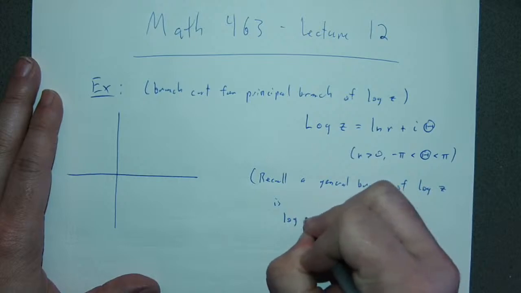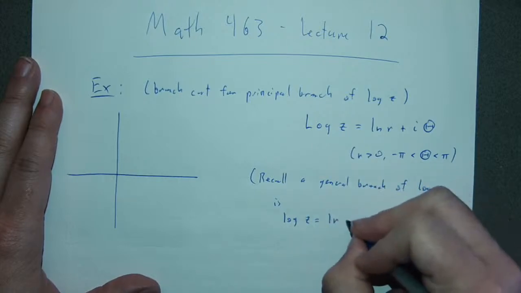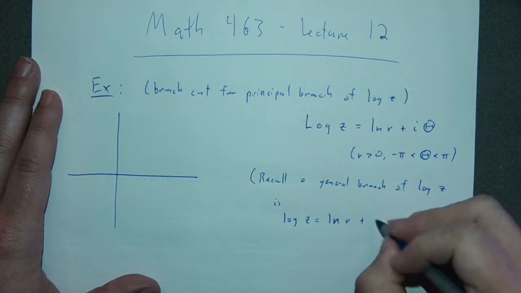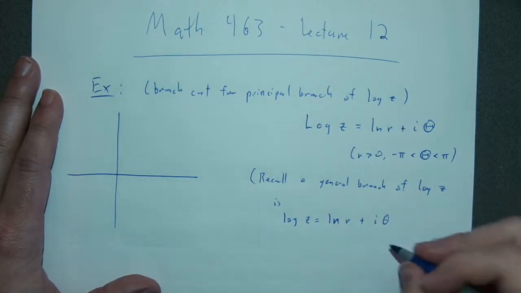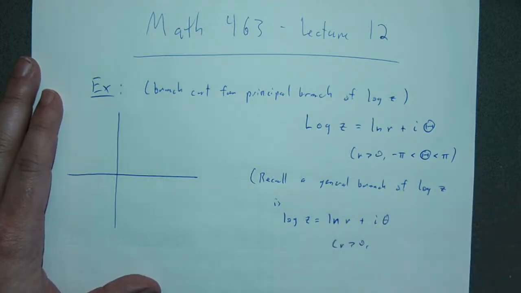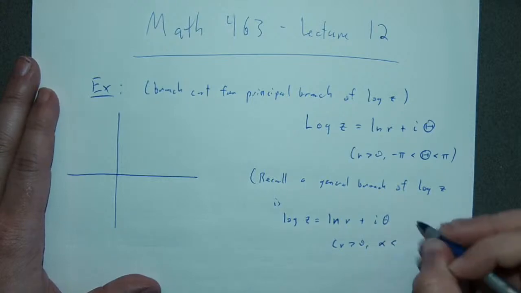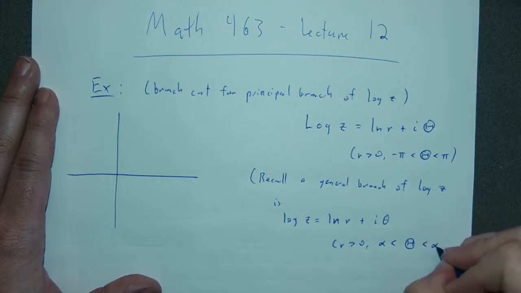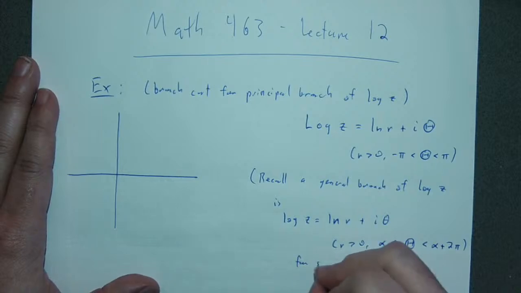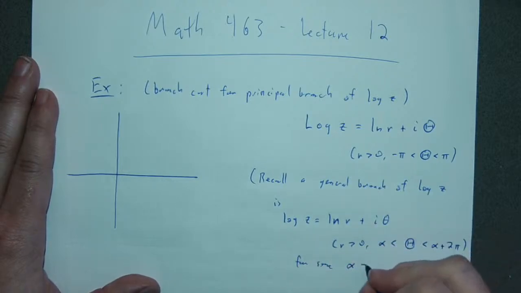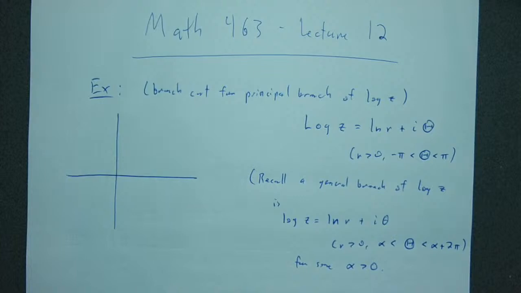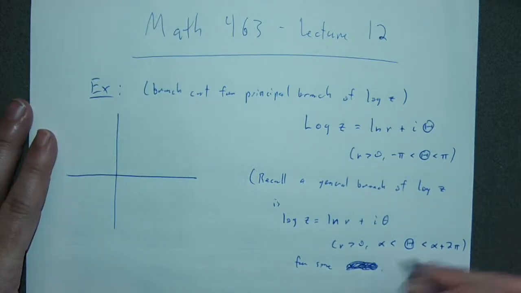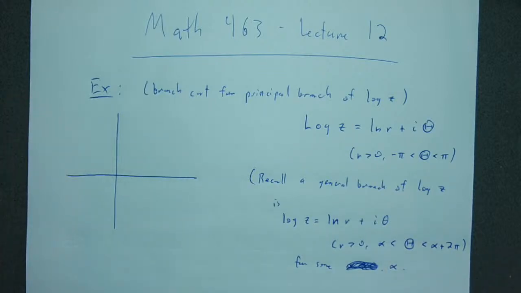Log z is ln of r plus i theta, where r is greater than 0 and theta is strictly between alpha and alpha plus 2 pi, for some real number alpha. Actually, any real number alpha works here, so let me have it be fully general.